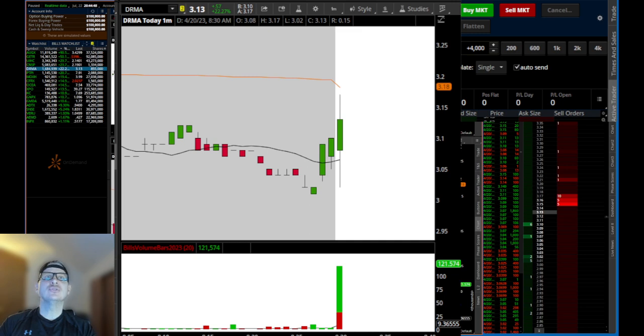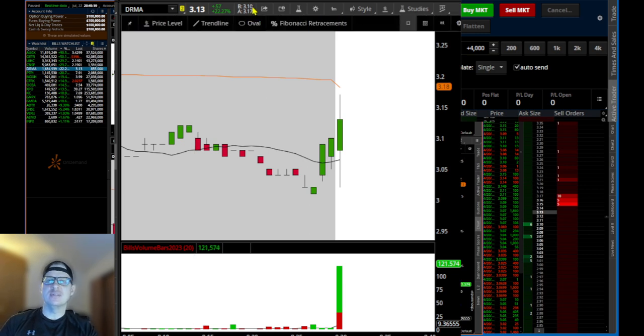Okay, now I'm going to enter DRMA. So I have a screen up top with 6 other windows because I plug these stocks in so I can peek up and see what the movement is, so I don't have to keep switching my main monitor from stock to stock, right?